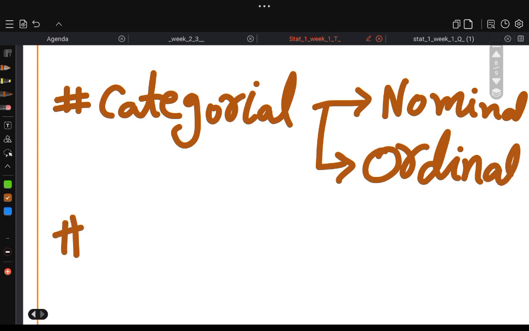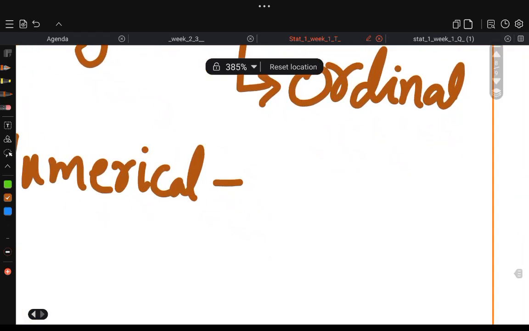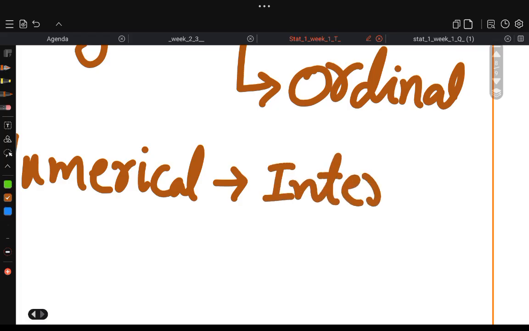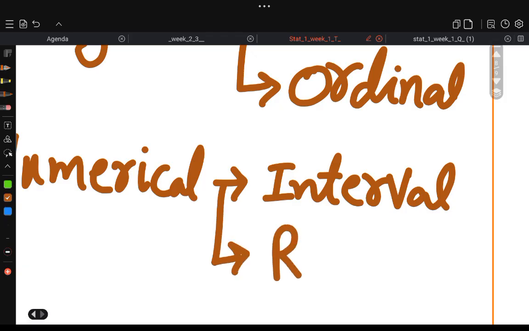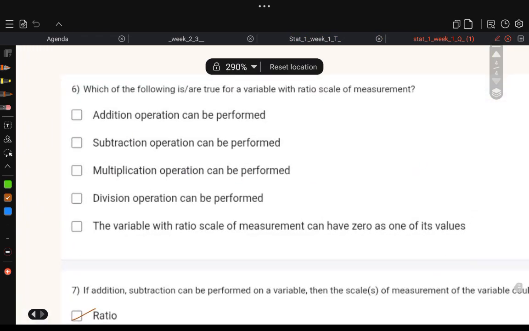And for numerical, there are two scales, basically interval and ratio. I will give you the updated PDF, so don't worry.